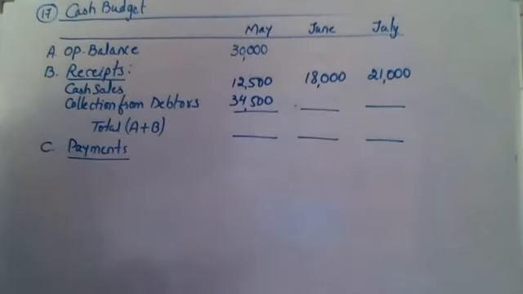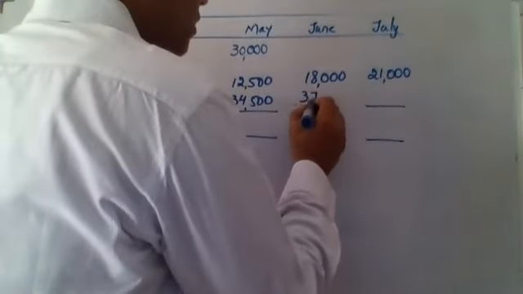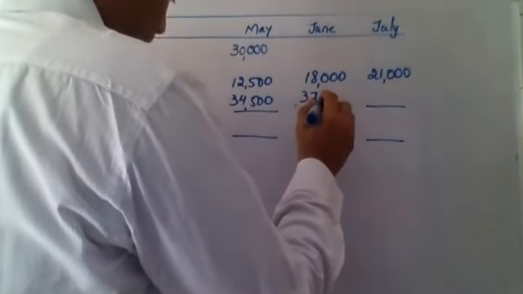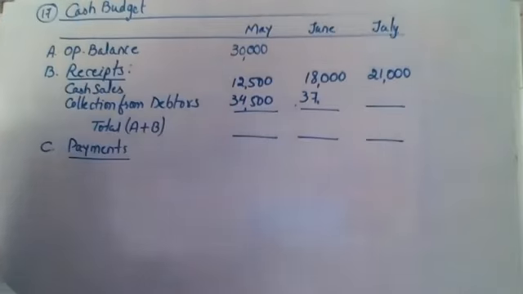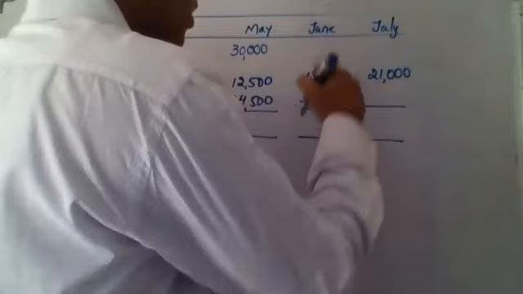It is May. May sales is 50,000. 75% of 50,000 is credit sales, which we will receive in June, 37,500.